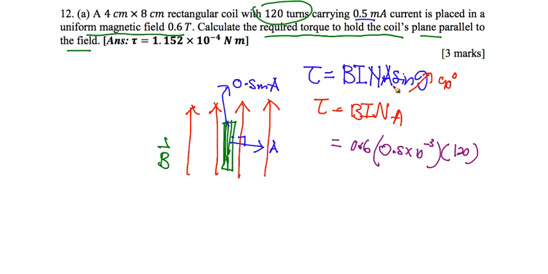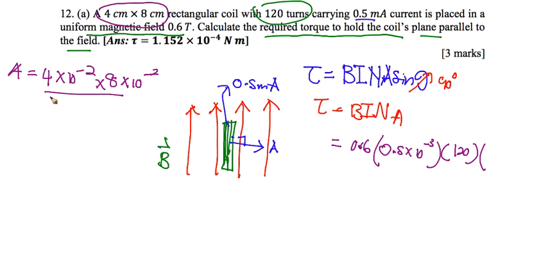The area A: you have 4 and 8 centimeters, so in meters that is 4 times 10 to the power of minus 2 times 8 times 10 to the power of minus 2. This is area A.